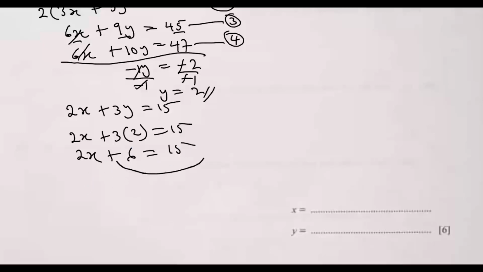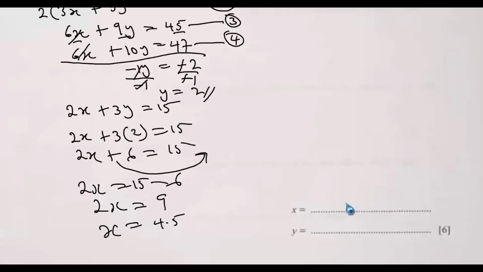So plus 6 goes to the right hand side and becomes -6. 2x equals to 15, -6. 2x equals to 9. If you divide both sides by 2, then x is 4.5. So that means x equals to 4.5, and then y is equals to 2.